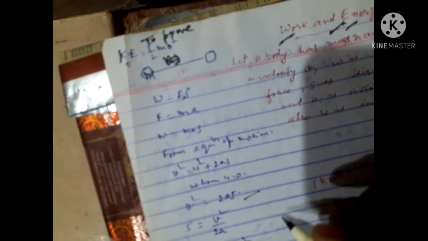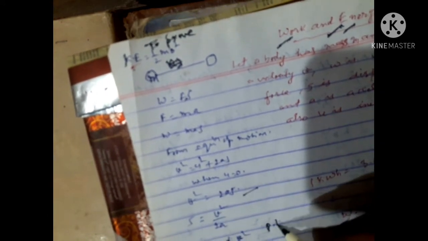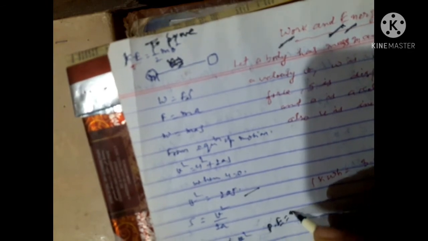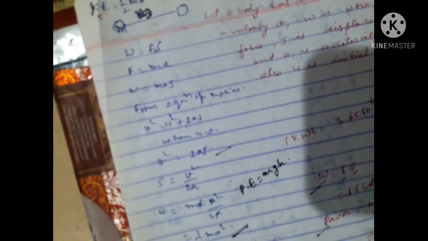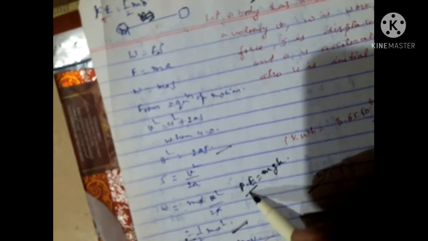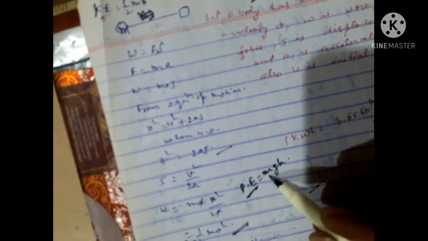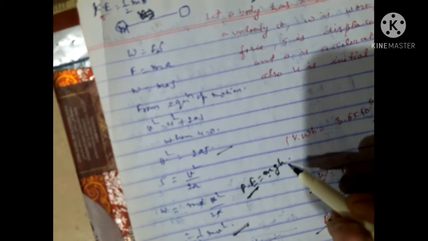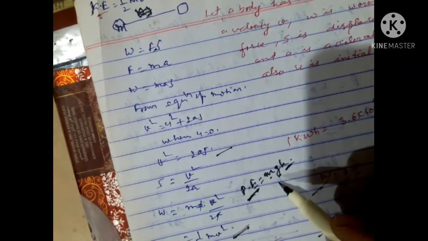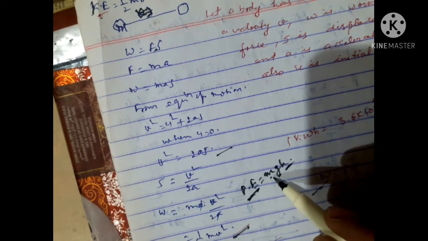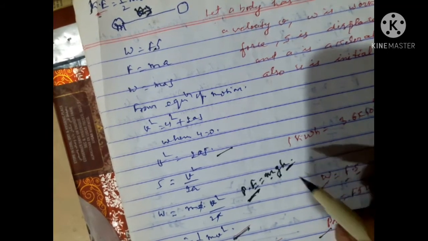You should know potential energy is equal to mgh. Here P means potential energy, m means mass, g is acceleration due to gravity, h is height. If you want to calculate potential energy, then you should simply multiply mgh.